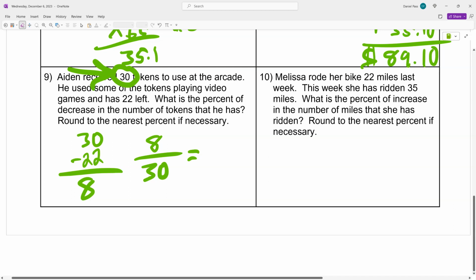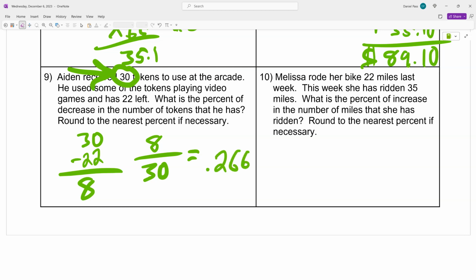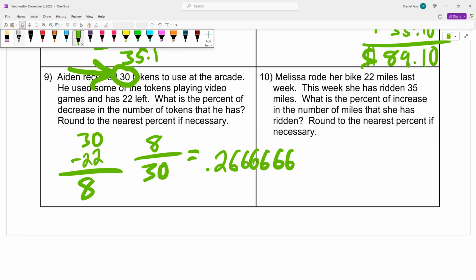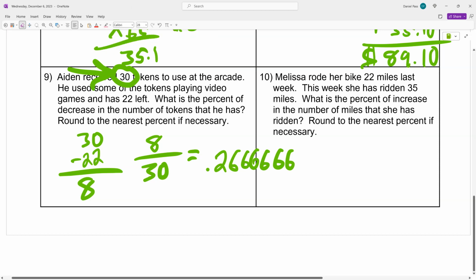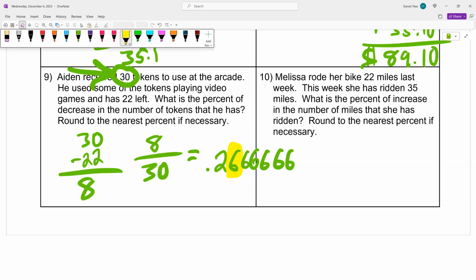Okay, when we put that on our calculator, what do we get? 0.26 repeating. All right? Okay, so where are we rounding to? The nearest percent, right? So which one is the hundredths place? Which 6? The first one. So that's the second place after the decimal.